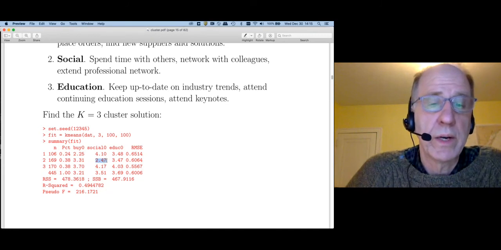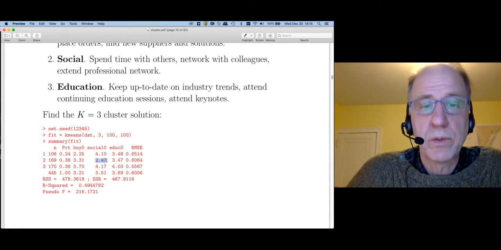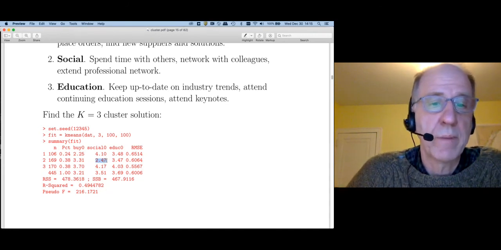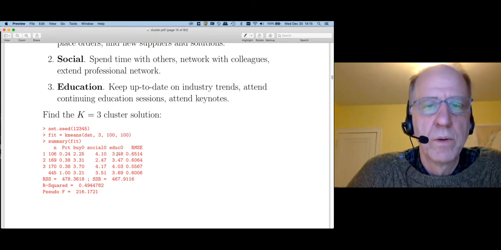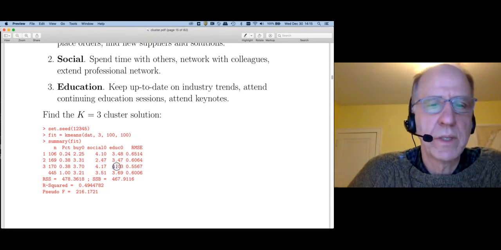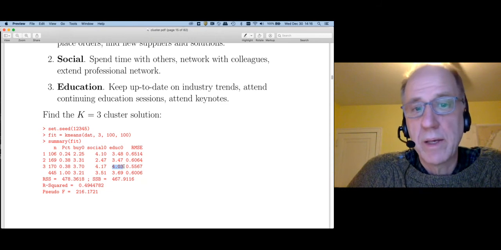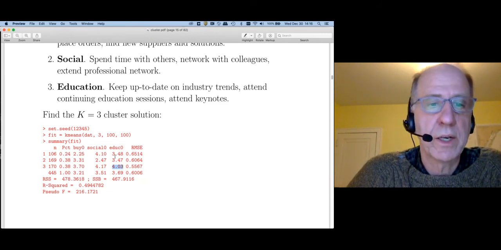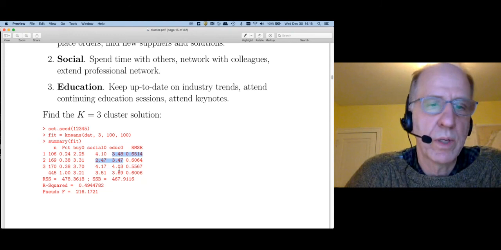Cluster 2, on the other hand, is not really coming to the conference for socializing. They're coming there for something else. When it comes to education, we can see that cluster 3 has by far the largest mean in education, while clusters 1 and 2 both have relatively large values, but small compared to cluster 3.